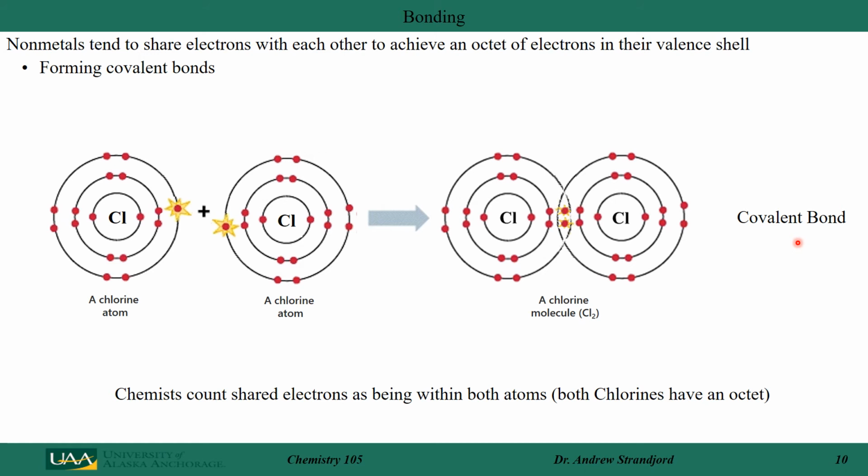And we're going to see in this chapter why that is energetically favorable, why 2 chlorine atoms would want to come together and form a covalent bond. Chemists count shared electrons as being part of both atoms. So that's why we can take these shared electrons and call these 8 around this chlorine and call it 8 around that chlorine.